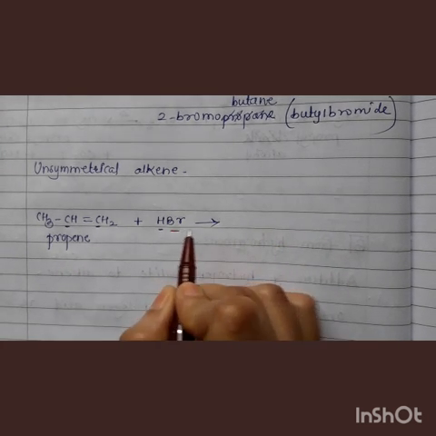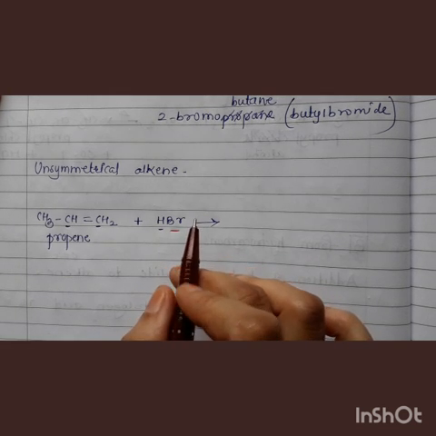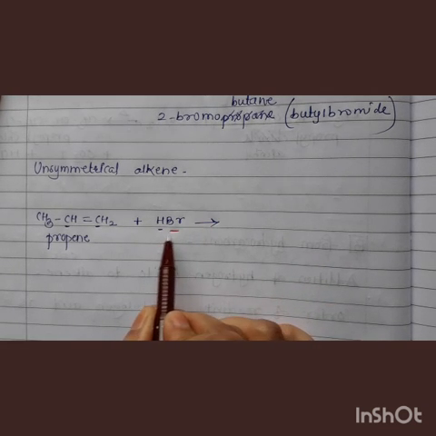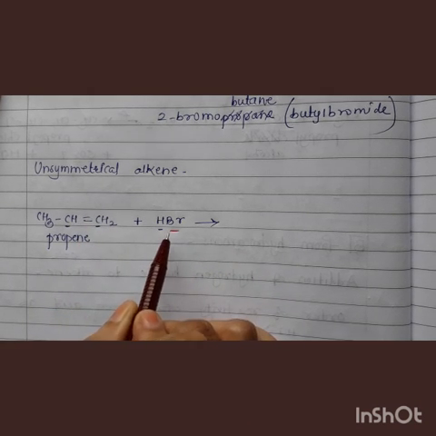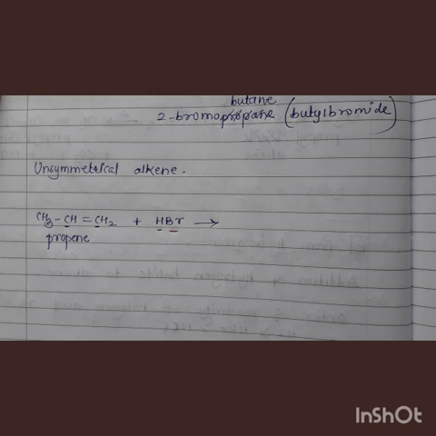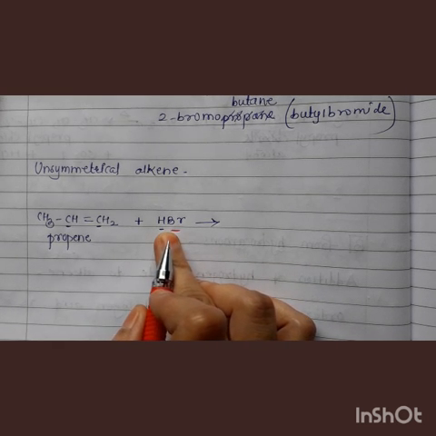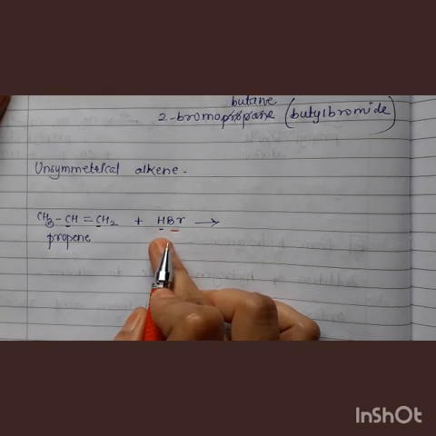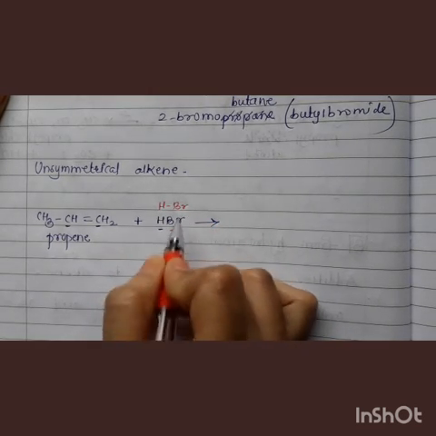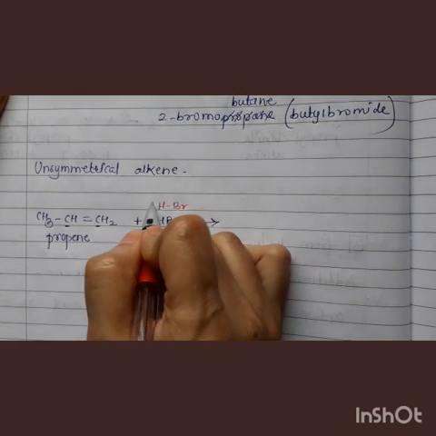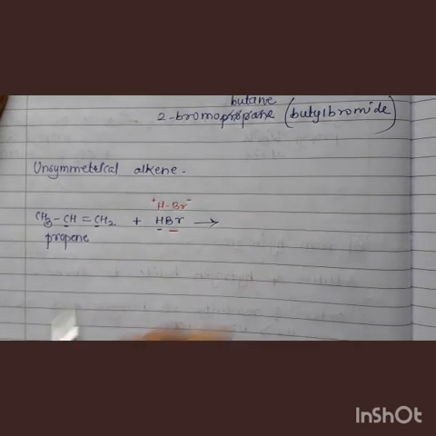Now see, according to Markovnikov's rule, when we add an unsymmetrical reagent to an unsymmetrical alkene, that time the negative part of that reagent is added to the less hydrogenated carbon. Now let us see first which part is positive and which part is negative. Now see, this is HBr. In this compound, hydrogen is the positive part and bromine is the negative part.